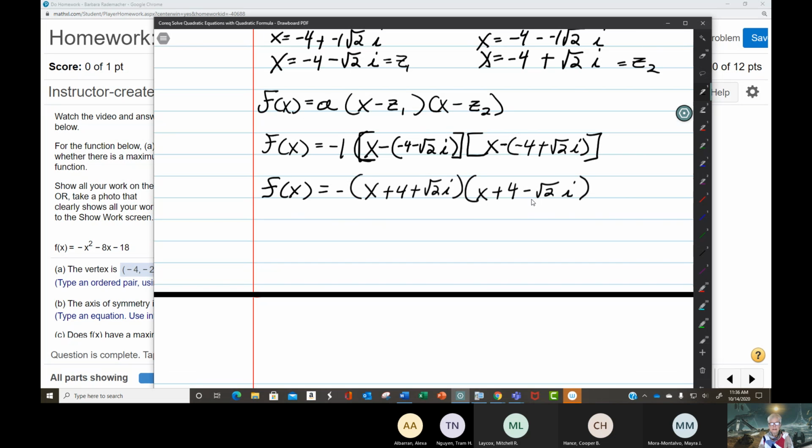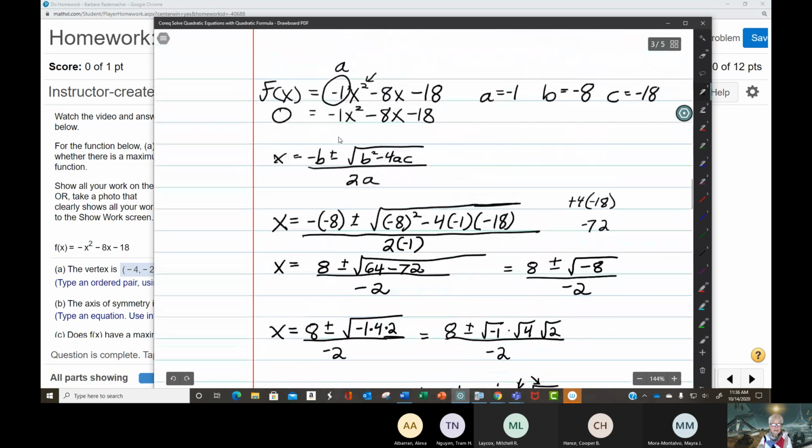And that is this in factored form if we were finding the zeros and the x-intercepts. But there is a y-intercept right here. That's the number you get when you let the x's equal 0.